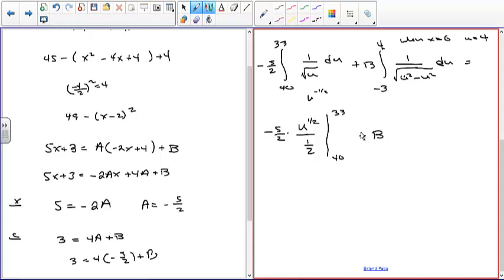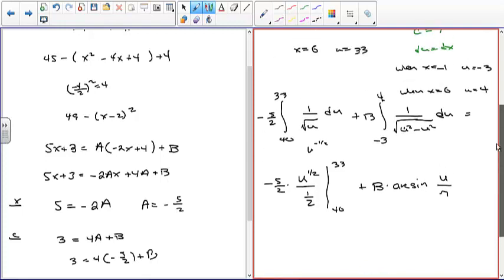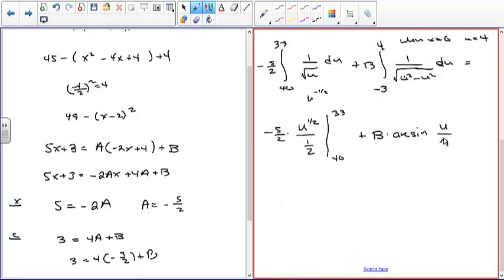Plus 13 times the arc sine of u divided by 7, because a is 7, u over a, and that is evaluated between -3 and 4. And then you would just plug the numbers in.